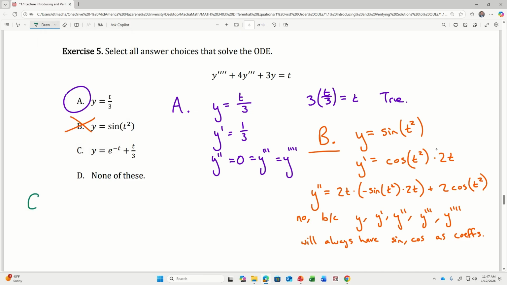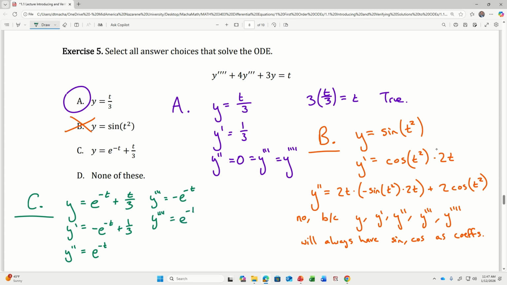C, let's look at C now. y is e to the negative t plus t over 3. y prime is what? Negative e to the negative t plus a third. y double prime? e to the negative t. y triple prime? Negative e to the negative t. And y quadruple prime? e to the negative t. Okay, so is this differential equation true?